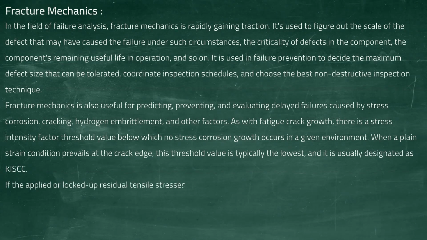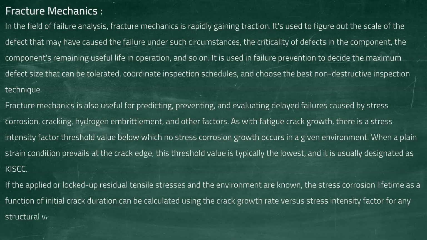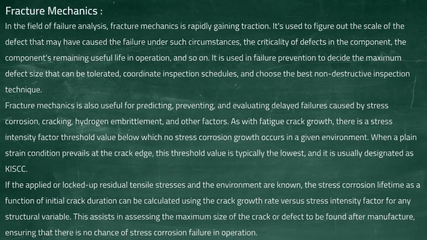If the applied or locked-up residual tensile stresses and the environment are known, the stress corrosion lifetime as a function of initial crack duration can be calculated using the crack growth rate versus stress intensity factor for any structural variable. This assists in assessing the maximum size of the crack or defect to be found after manufacture, ensuring that there is no chance of stress corrosion failure in operation.